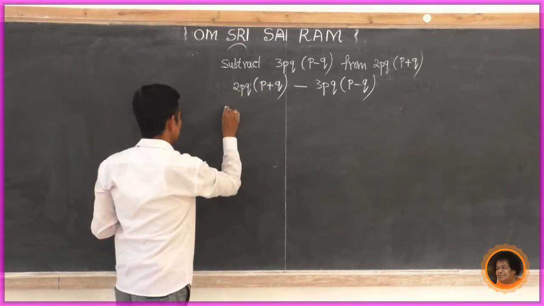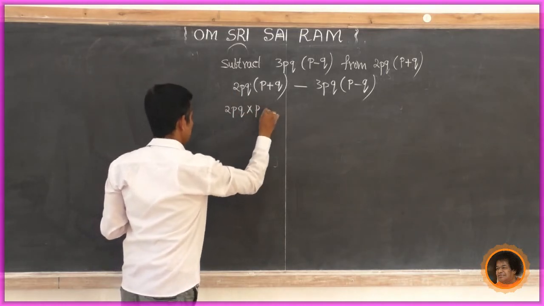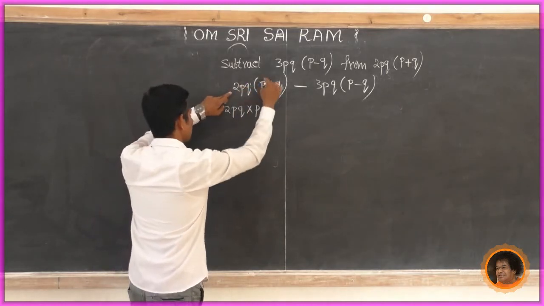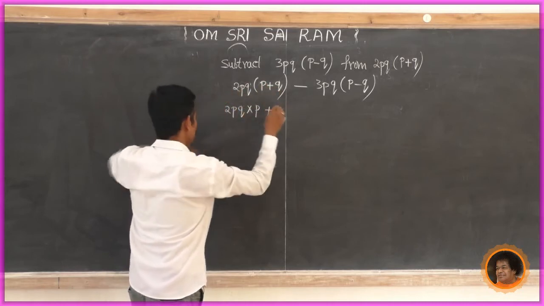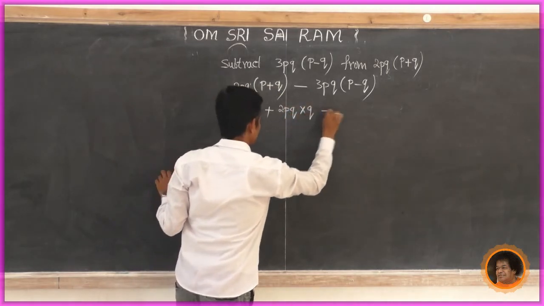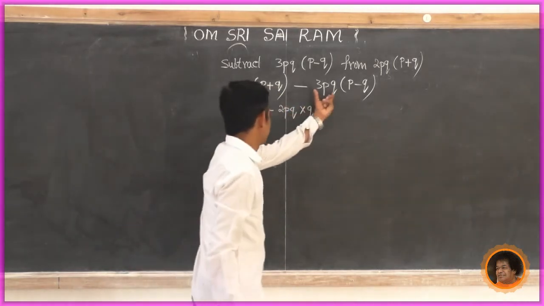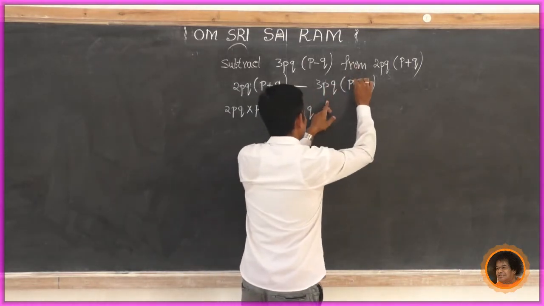2pq into p, plus, now 2pq is multiplied to p, and after that this 2pq is once again multiplied to q. So 2pq into q. Then minus, this is a monomial, this is a binomial. Multiply this monomial to each term.